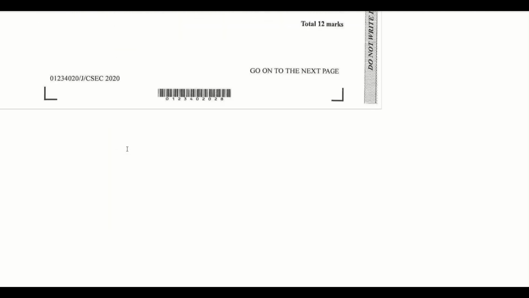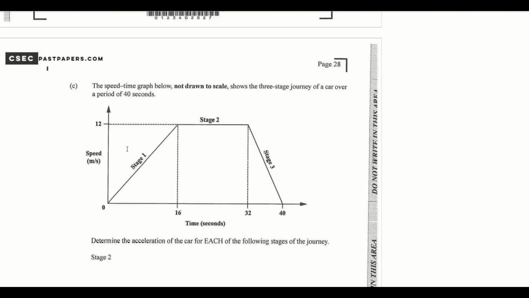Okay, this is the last part, which is a speed graph below. They told you speed is in meters per second. That is distance over time. If you don't know, speed is equal to distance over time. It shows the 3-stage journey.